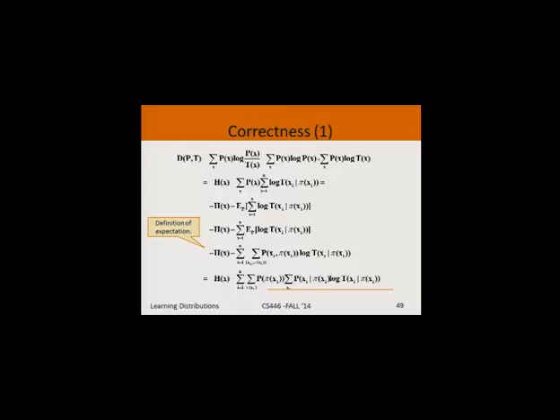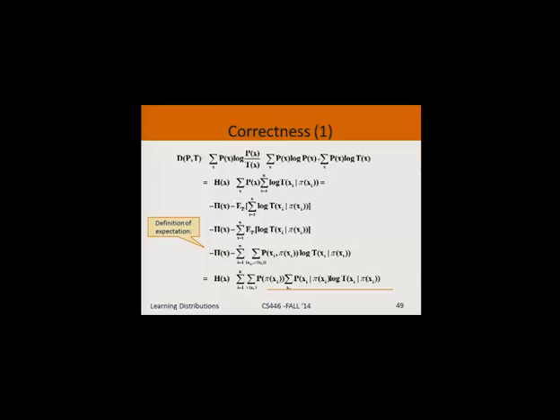Now the parent does not depend on this. This is just another variable, so I can split the sum over xi, comma, parent of xi into the sum over parent of xi, sum over xi, which I'm writing here this way. So this is the simplest way I can write this.